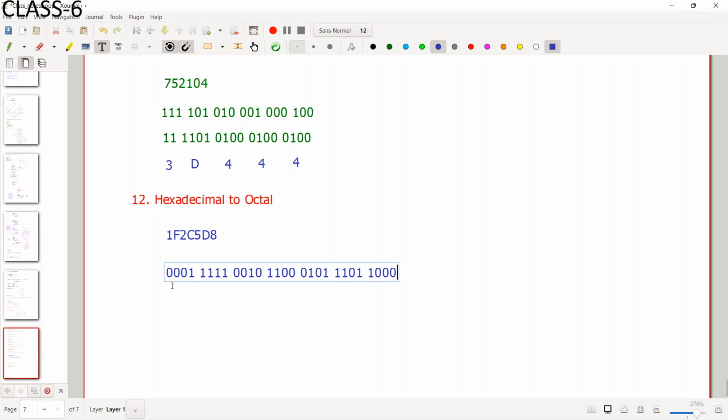Now again we have to group this as groups of 3 bits. Why? Because an octal digit is a maximum of 3 bits.